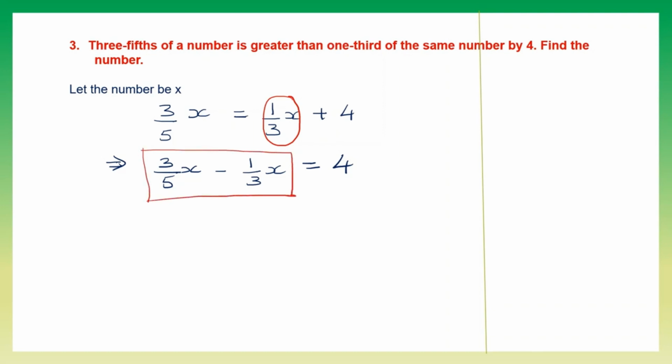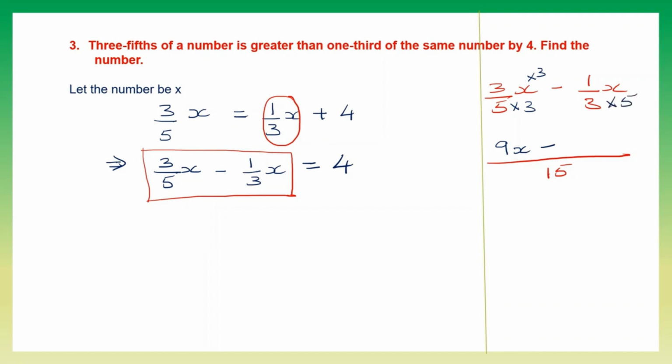Let's work this out. So I'm going to work it out in the working column. 3 by 5x minus 1 by 3x. So now the LCM will be 5 into 3, 5 3s are 15. So I need to multiply 3x by 3. 3 3s are 9, 9x, minus 3 5s are 15.